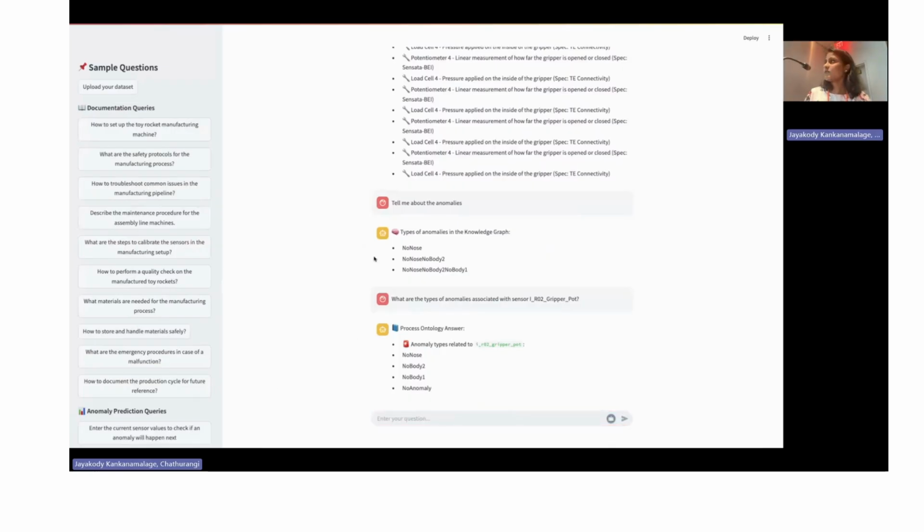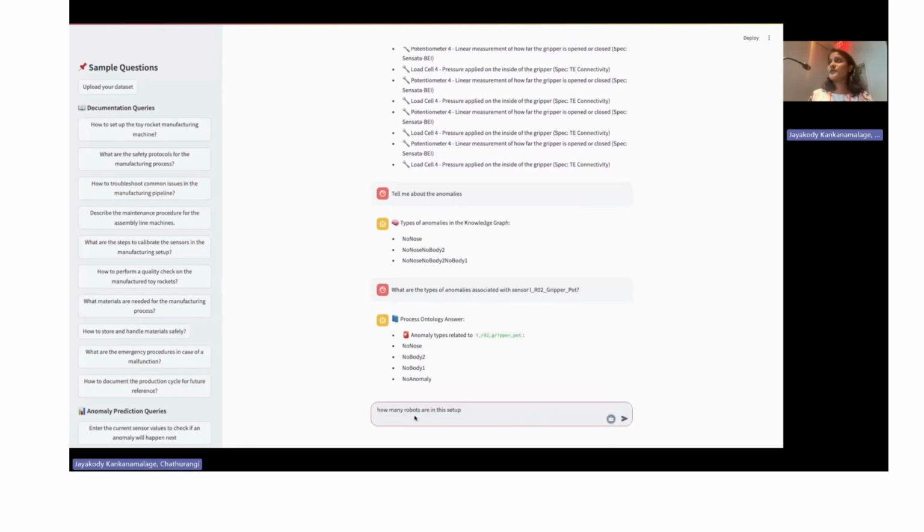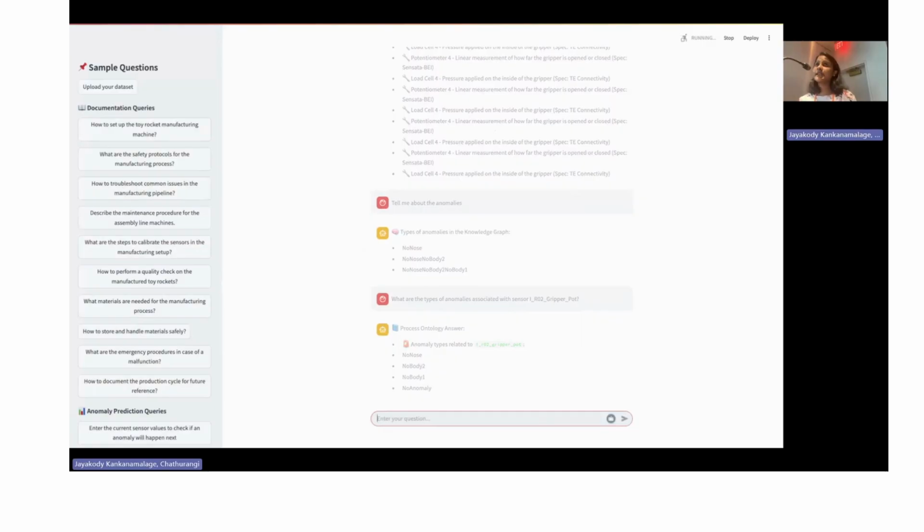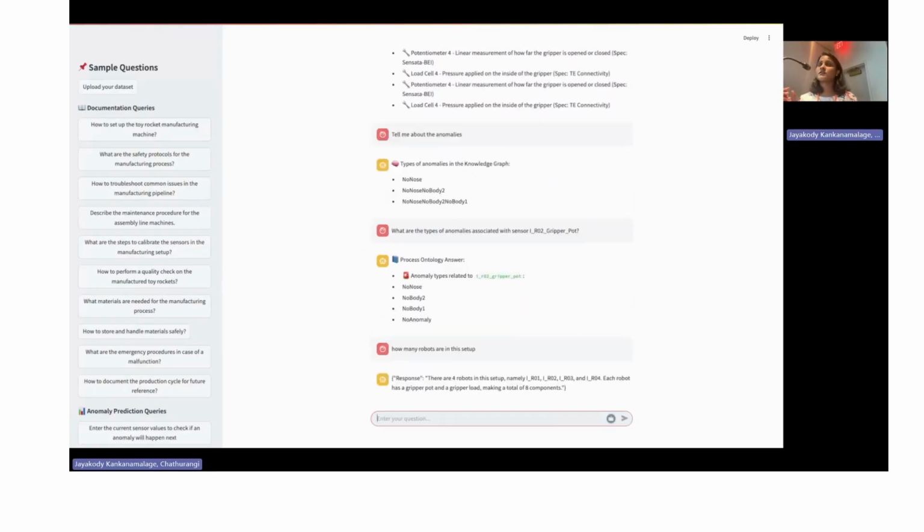And then maybe I want to know how many robots are in this setup so that I can get a sense of how I should allocate which task to which robots and things like that. And it gave me that there are 4 robots in this setup. So all these values are inferred from the time series sensor data sets, which I input earlier.